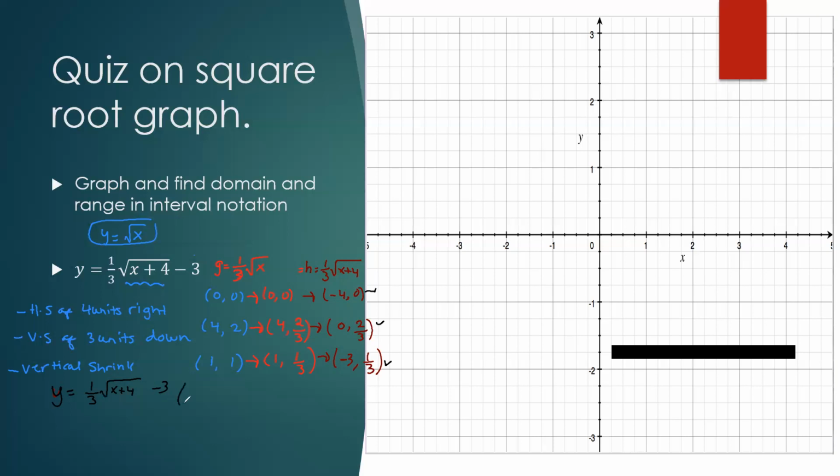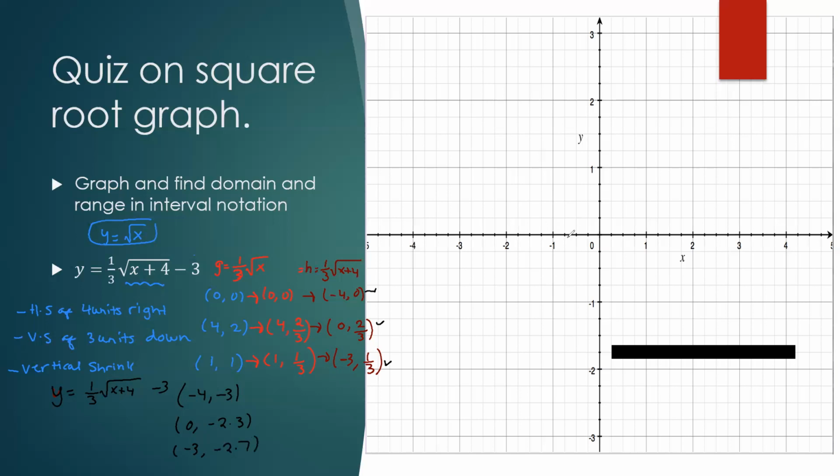So -4, 0 will be -4, -3. 0, 2/3 will be 0, 2/3 minus 3, which is about negative 2.3. What about -3, 1/3? You subtract 3 from the y, so 1/3 minus 3 is negative 2.66. I'm just going to round it to negative 2.7 because I need to graph it.